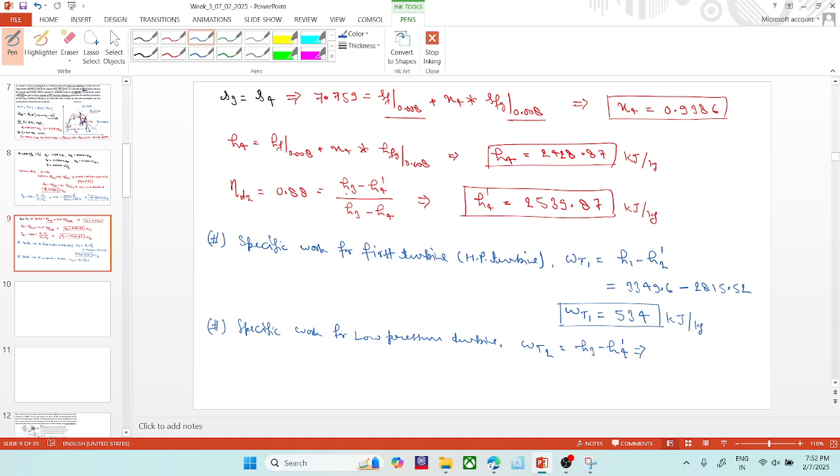The values we have calculated as H3 is 3353.9 minus 2539.87.